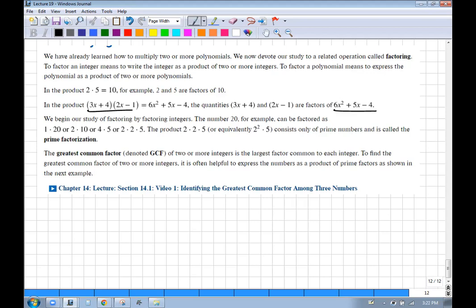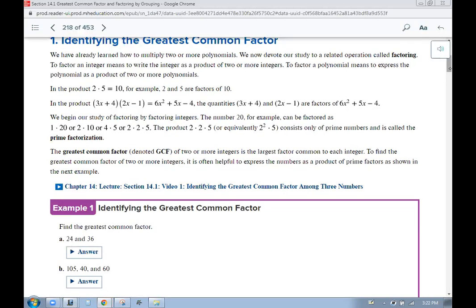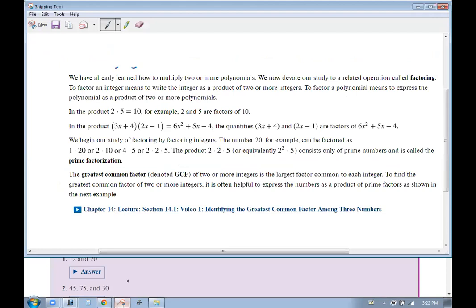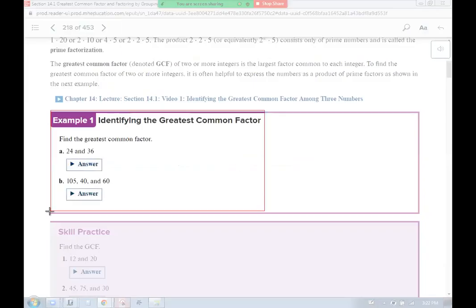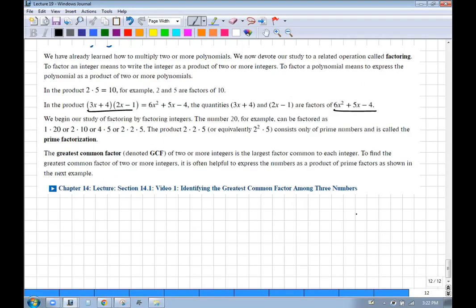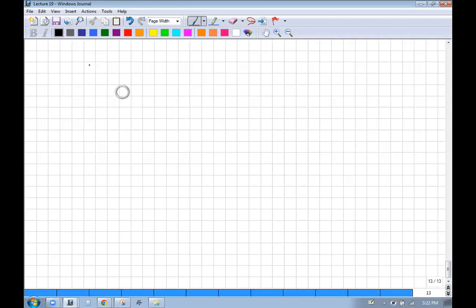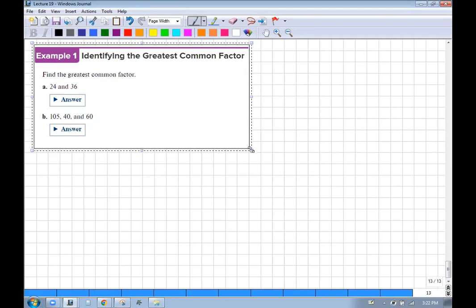So first off, we need to know about GCF, greatest common factors, all right? Which, with just numbers, it's not a big deal. Let's look at this. Greatest common factor.